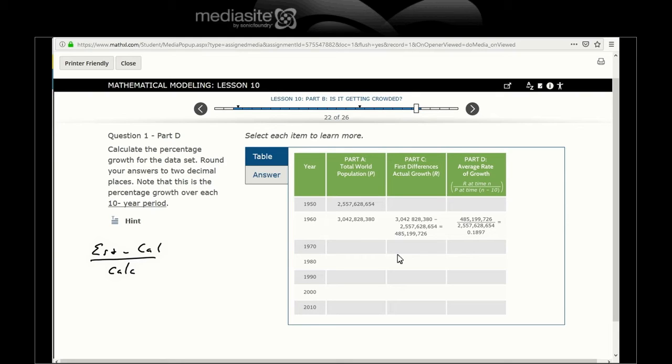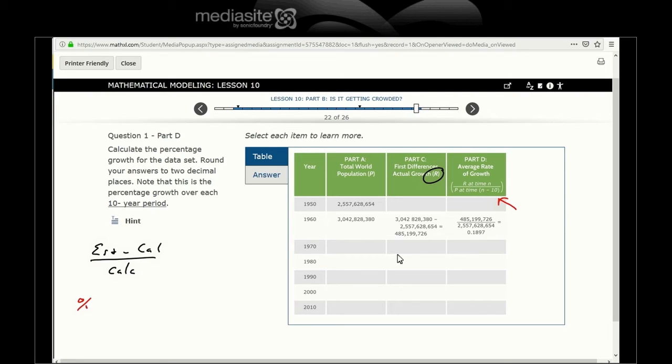Well, percent change here is going to be what's showing up here is R, okay, divided by the previous 10 years.